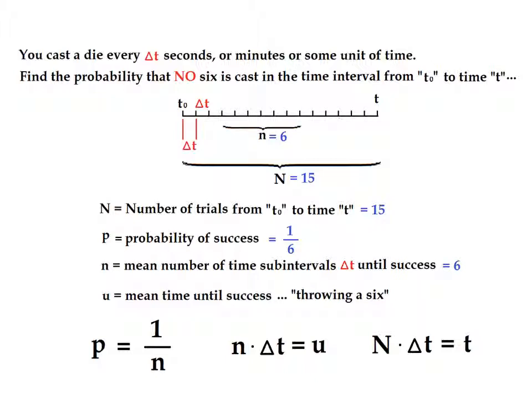Now, little n represents 6 in this particular case because we're still using the die, and the event of success is throwing a 6, and so we would expect on the average every 6th cast of the die to give us success. And in this particular arrangement, we're looking at 15 time intervals.